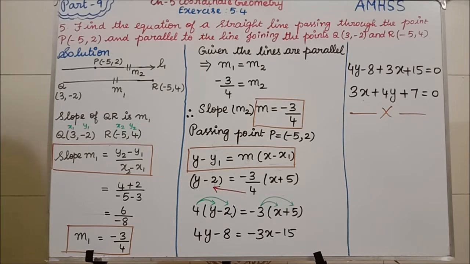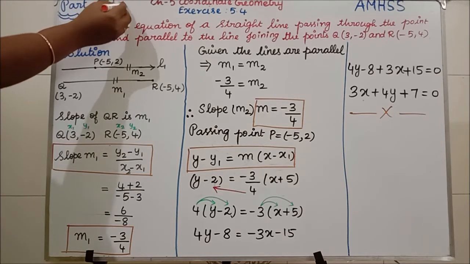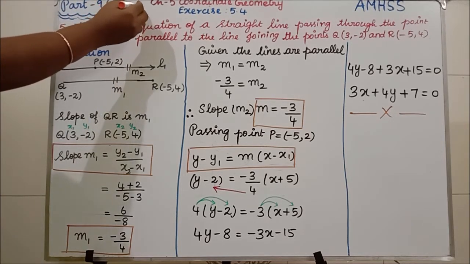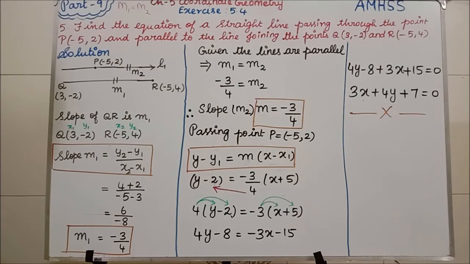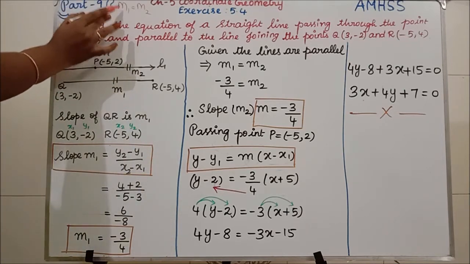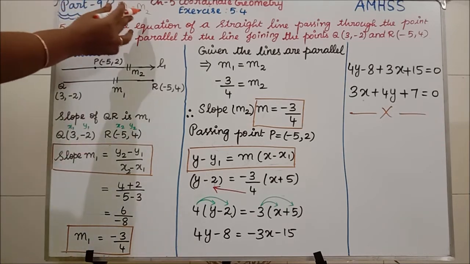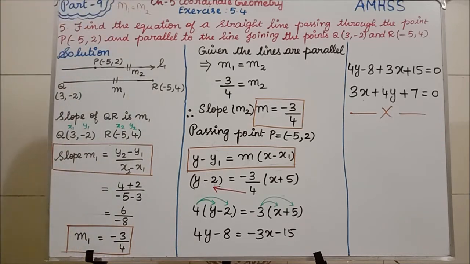Students, if the question says parallel, immediately what is the formula for parallel? Slope m1 is equal to m2. That is our parallel formula. Whatever answer you get for slope m1 is the answer for m2 also. Clear students? Shall we proceed now?